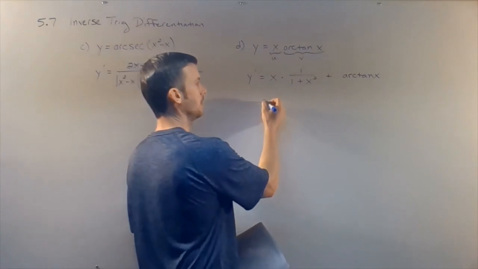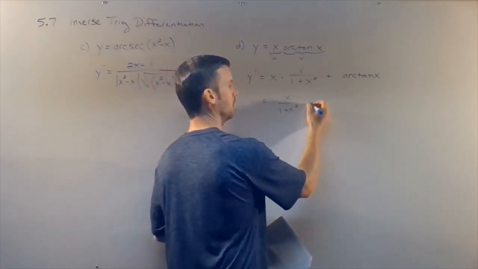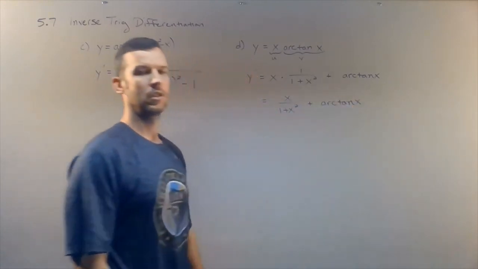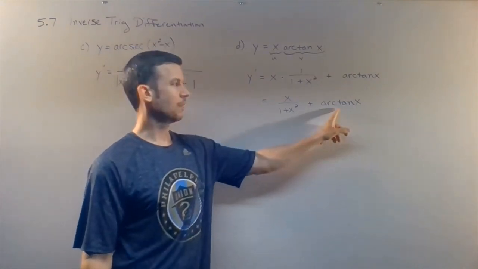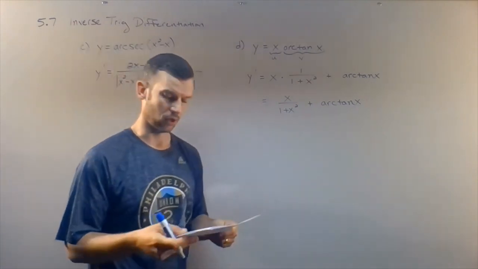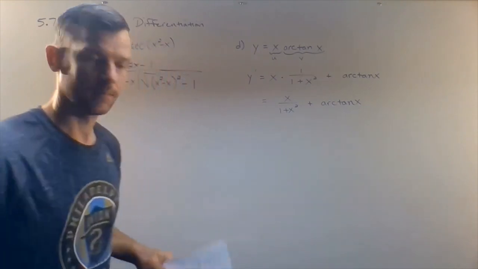So this ends up being x over 1 plus x squared plus the arctangent of x. We can make that one answer, one term, by multiplying this top and bottom by 1 plus x squared, or we can leave it alone like that. Letter E. Let's do letter E.